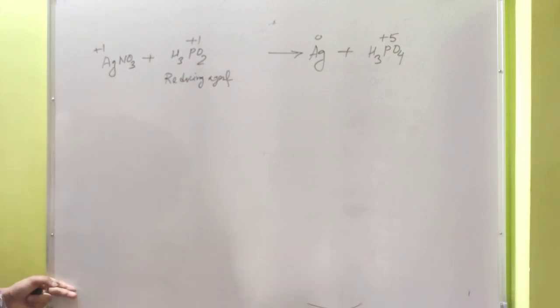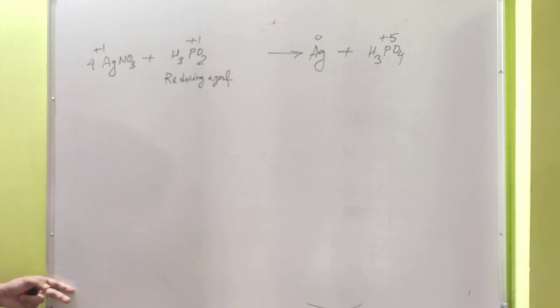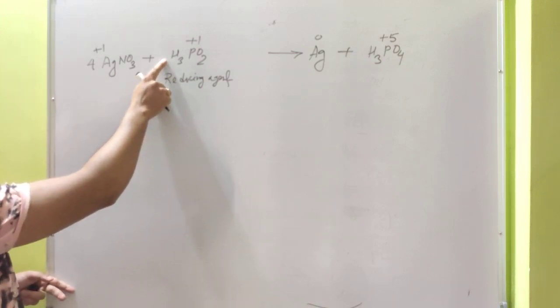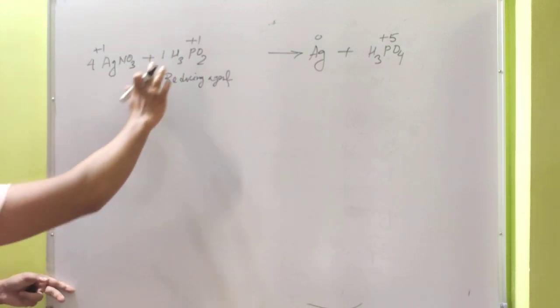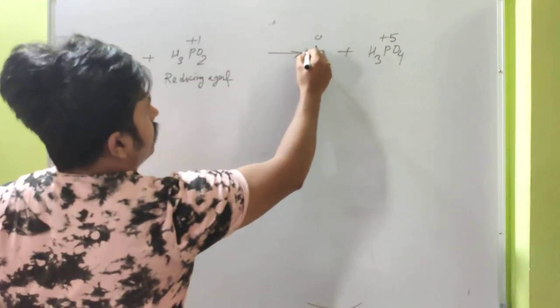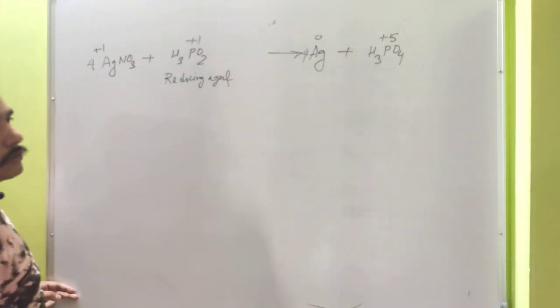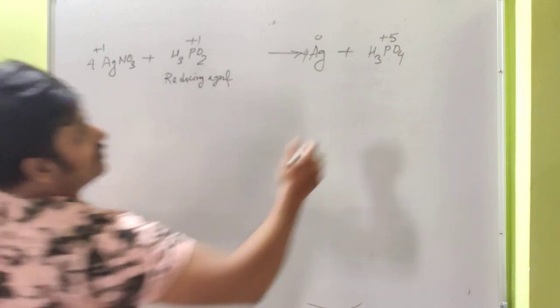The loss of electrons by phosphorus is put on the side of silver. The gain of electrons by silver is put on the side of H3PO2, 1. Don't need to put 1. Now 4 silver, put 4 here. 1 phosphorus, so 1 phosphorus. Don't need to put any value. NO3, it is nitric acid.